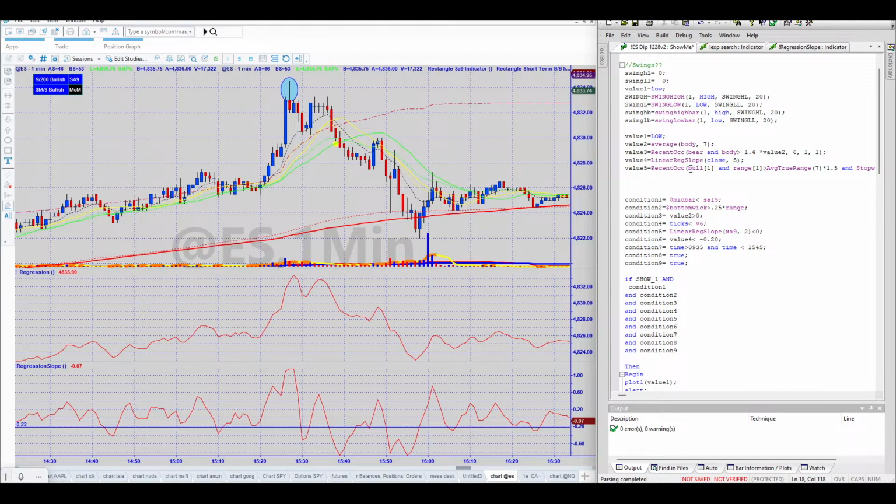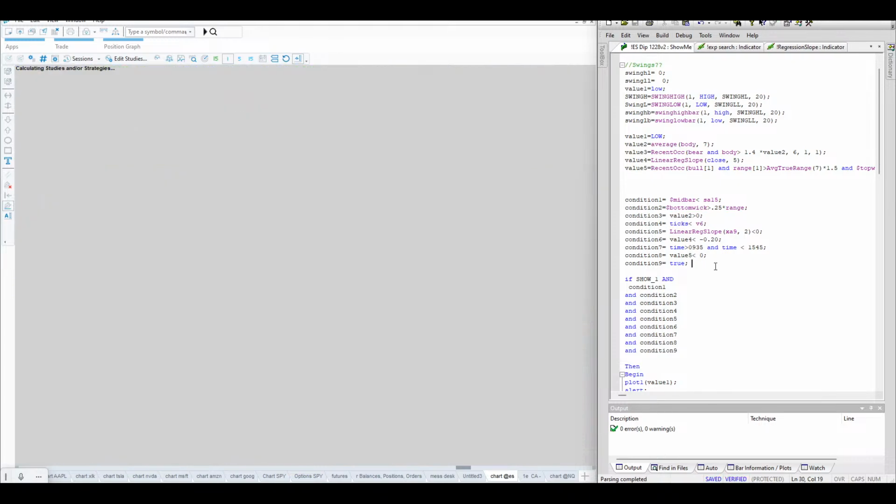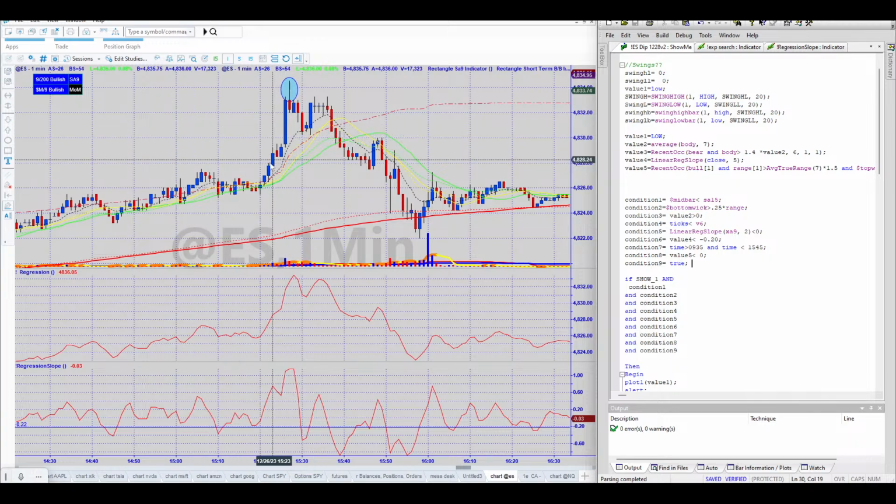There should be no finding of all these conditions being met, because if we do, then we've got this guy. So the value of value 5 should be -1. So value 5, we'll just put that it's less than 0. Okay, and boom. All right, so we got rid of that.